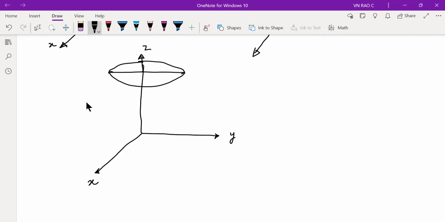From this, let me take one portion here like this. See, I am trying to come up with a cylindrical portion, right? Cylindrical coordinate system.